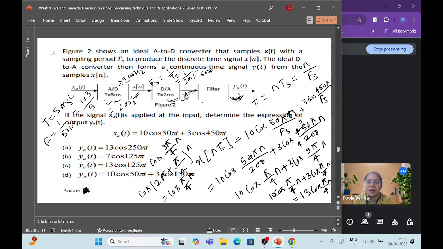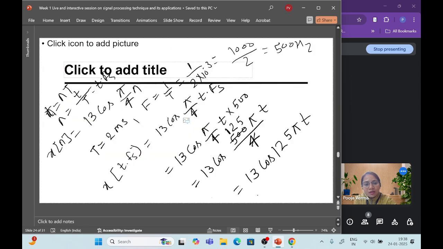Again we have to apply a filter, but no cutoff frequency is given. So this signal is equal to that signal. That means ya of t is equal to 13 cos 125 pi t, the final output.